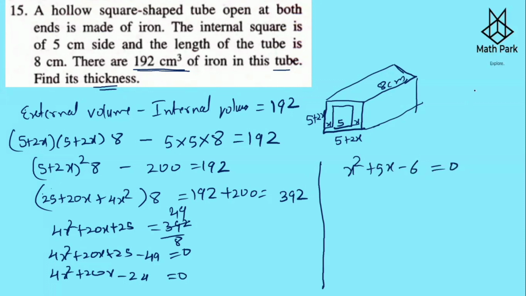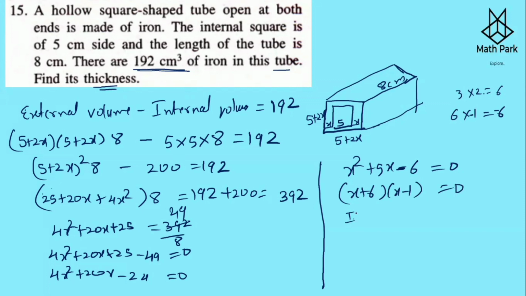Factorize by splitting the middle term. So we have 3 times 2 is equal to 6. But since the last term is negative, we'll have to subtract the factors of 6 to get 5. So we have 6 times 1 is equal to 6 and 6 times minus 1 is equal to minus 6. So the factors are going to be x plus 6 and x minus 1, which is equal to 0.